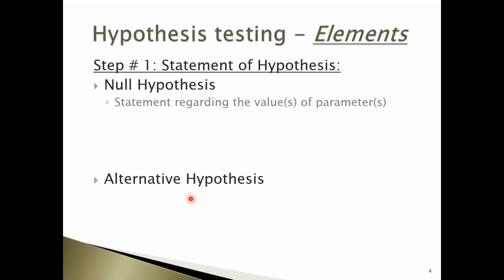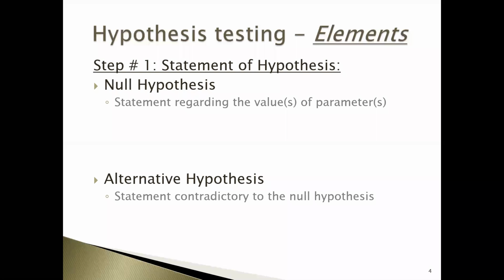The statement which contains the exact parameter value we call the null hypothesis, while any statement contradictory to the null hypothesis is the alternative hypothesis. For example, if our mean is equal to 120, then the alternative hypothesis will be that the mean is not equal to 120.